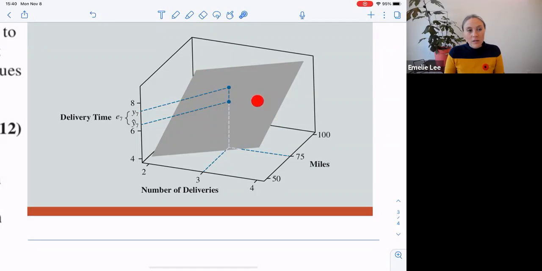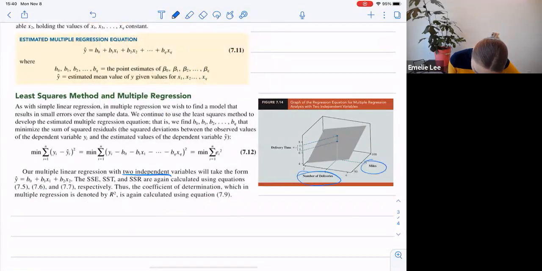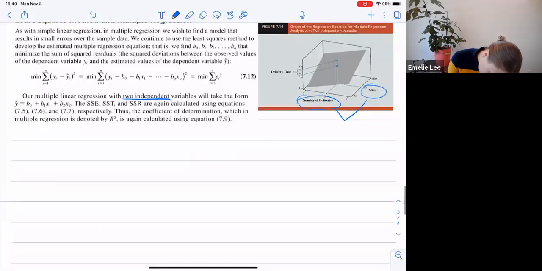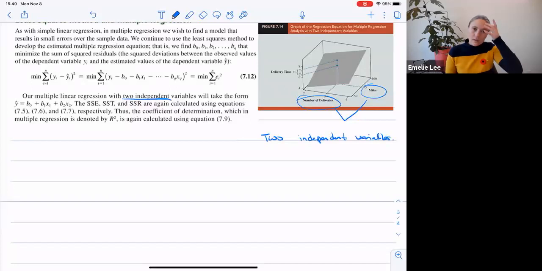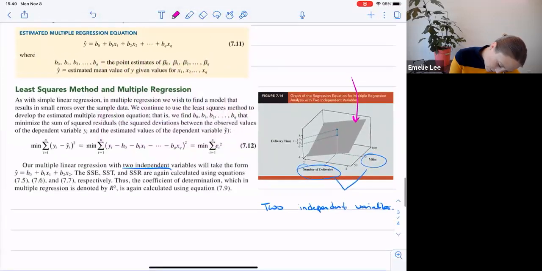In the one independent variable case, we get a line and it's nice to look at. Here we have two independent variables, and so now we have this plane, and that plane gives us a plane of predicted values.